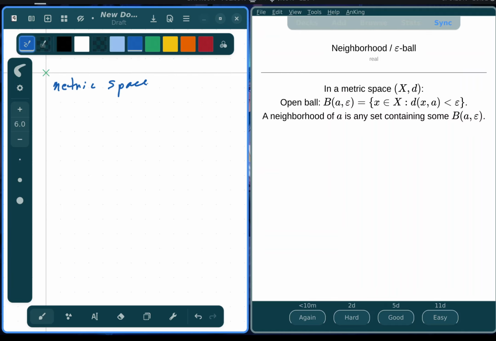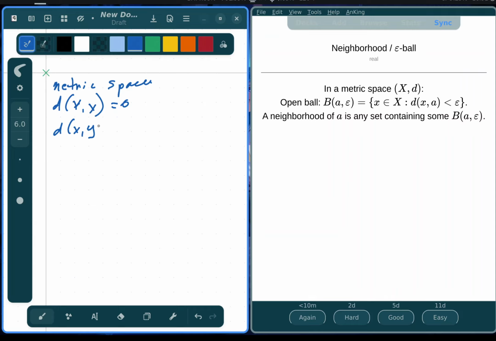Metric space. Okay, that means there is some metric D, right? Where if you take D of x, x, you get 0. And what else is there?